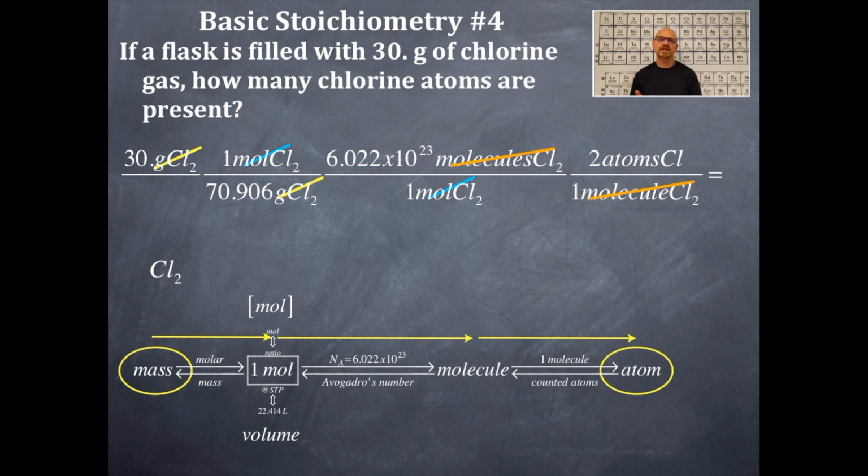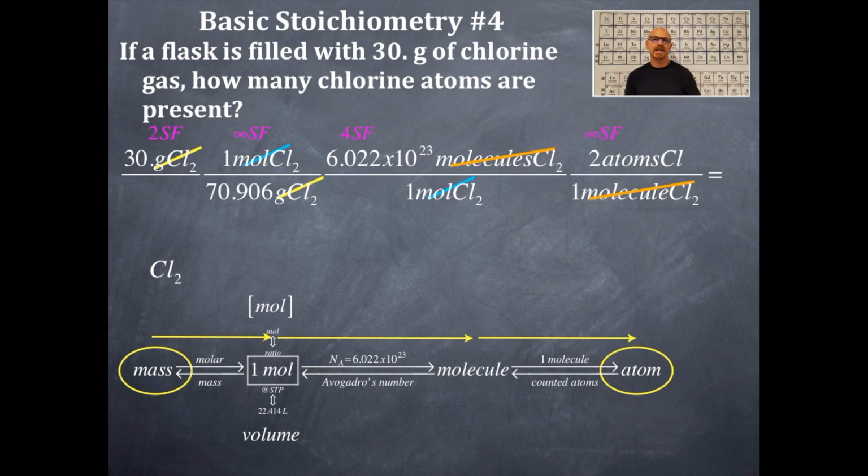I'm going to look at the number of significant figures. There are 2 significant figures because that 30. with a decimal place, that trailing 0 counts. Trailing zeros count with a decimal in the number. So that's 2 significant figures. That 1 in front of the mole has an infinite number of significant figures. As always, Avogadro's number, how I have it written down, has 4 significant figures. And 2 atoms, that's actually counting the atoms, so 2 atoms counting is an infinite number of significant figures.